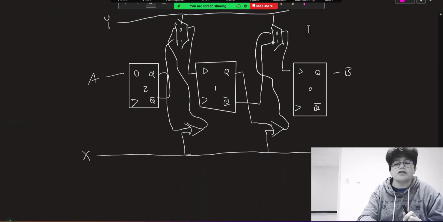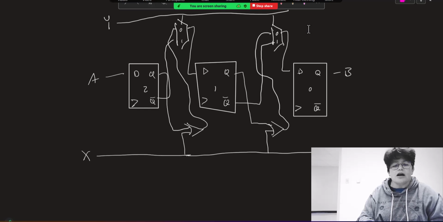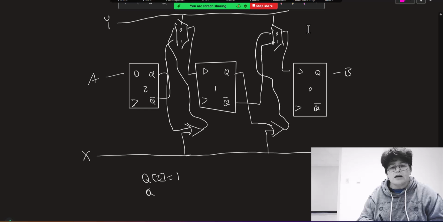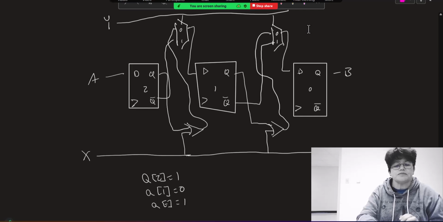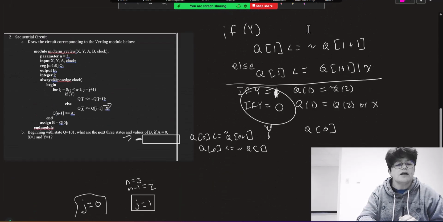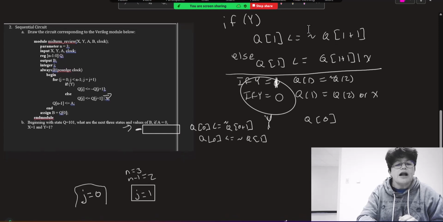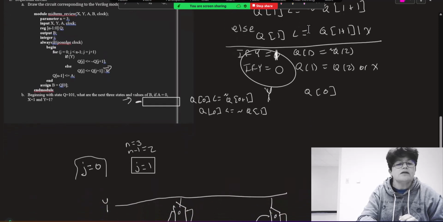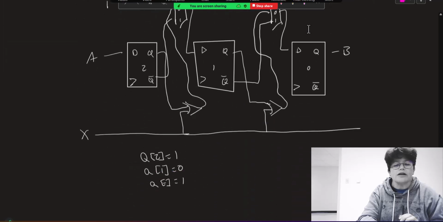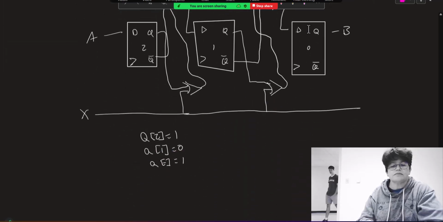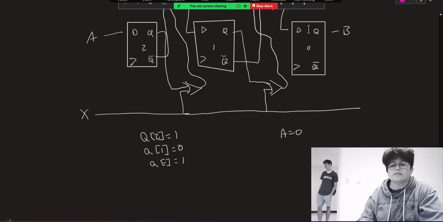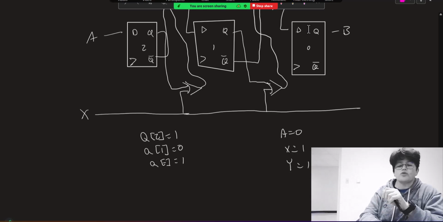So Q2 is 1, Q1 is 0, Q0 is 1. And A is 0, X is 1, and Y is 1. And it wants to know what are the next three states.